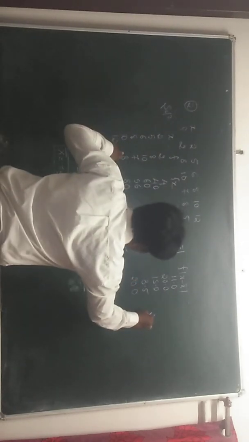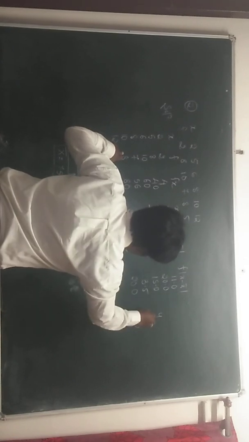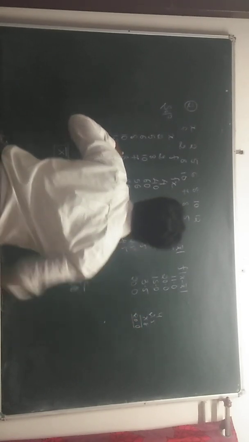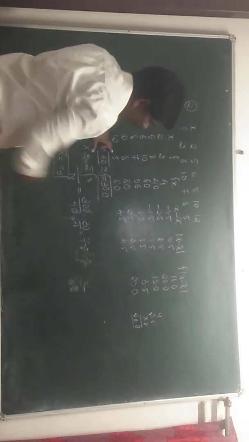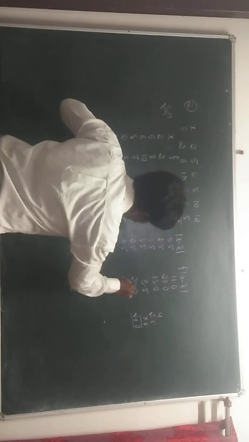So see here, 2.5 into 8, 5 8s are 40, 8 twos are 16, 20. Okay. 5 into 4.5, 5 fives are 25, 5 fours are 20.